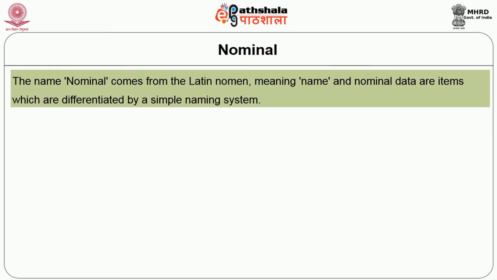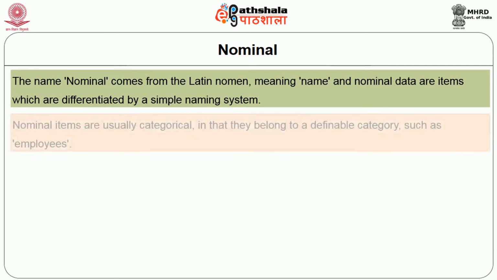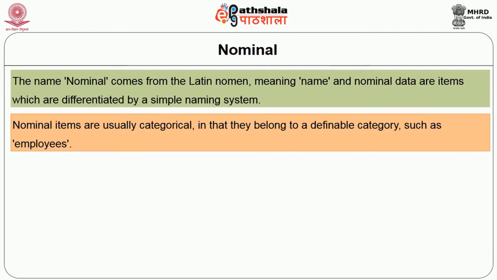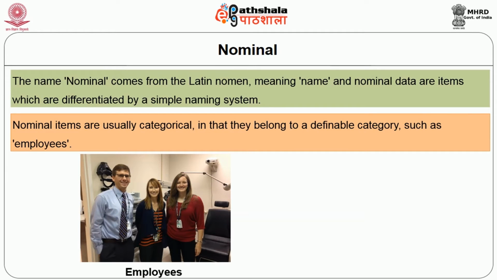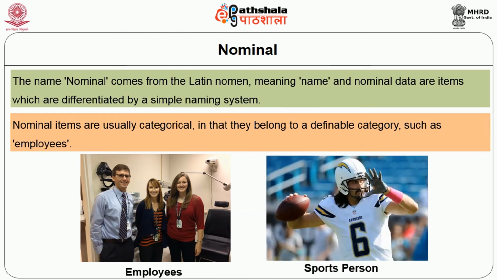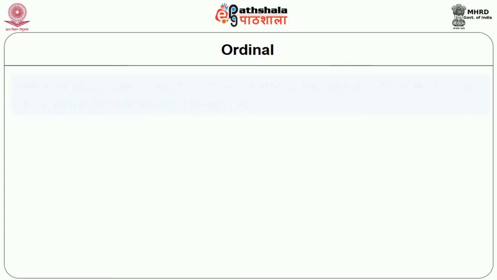Nominal items may have numbers assigned to them. This may appear ordinal but is not. These are useful in simplifying, capturing and referencing. Nominal items are usually categorical in that they belong to a definite category such as employees, which is definable. Some other examples are the number pinned on a sports person.